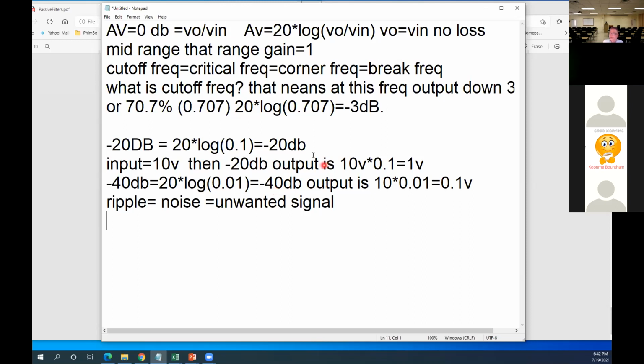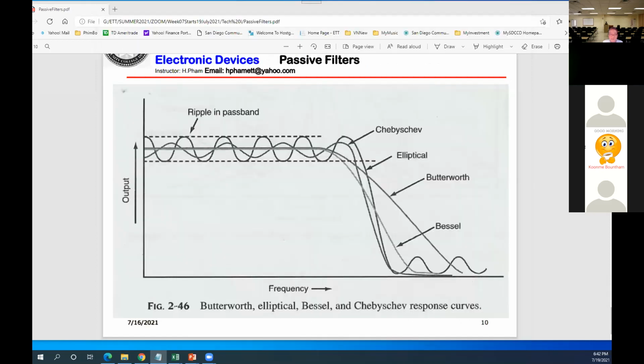So for now, try to understand ripple is just noise, nothing else. Unwanted signal. Okay? So for this one, you have Chebyshev, elliptical, Butterworth, and Bessel. You see which one will be the best for an engineer designing a low pass filter. Which one is good?